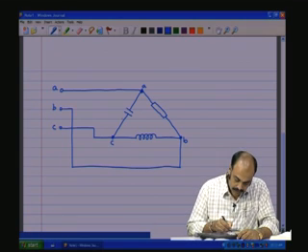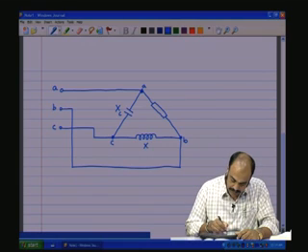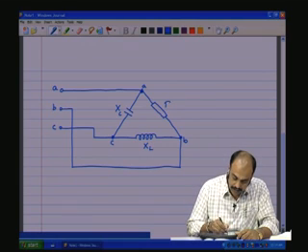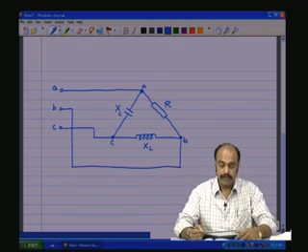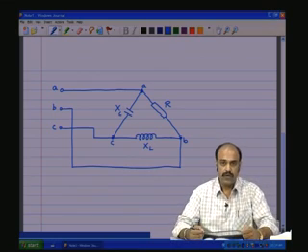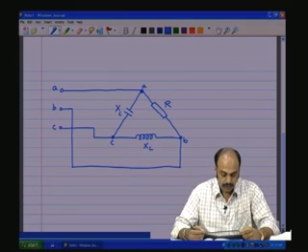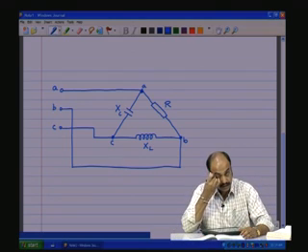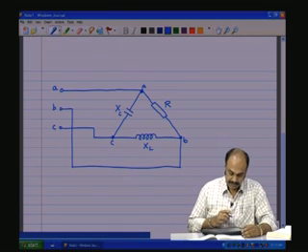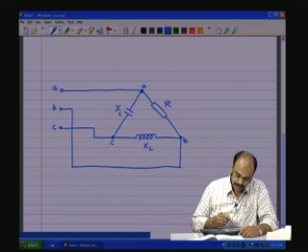You have XC, XL and R. Each phase has a totally different type of impedance, and the impedance values are not the same, and therefore the load is an unbalanced load. So, under these conditions, what is expected to happen?